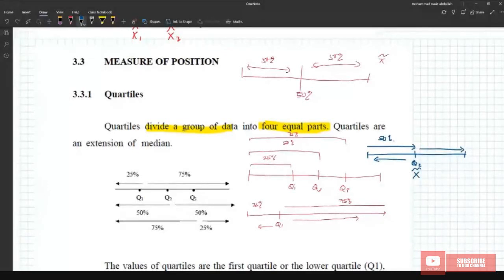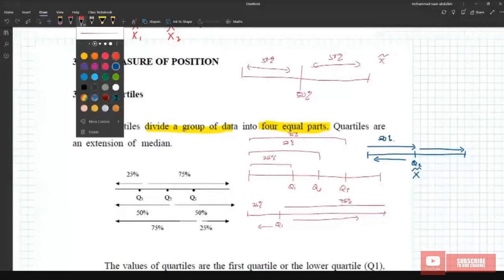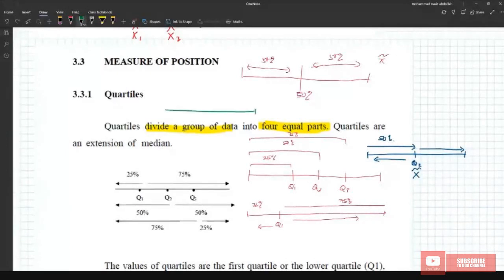For quartile number 3, we're going to cut the data at the first 75%. So this is 75%, right? We can interpret that 75% of the data have value less than quartile number 3, while another 25% of the data have value more than quartile number 3.